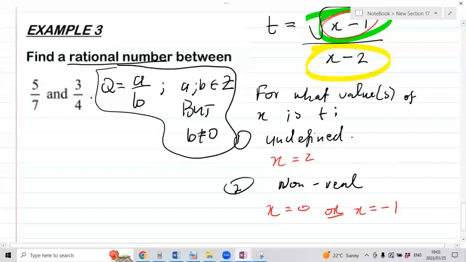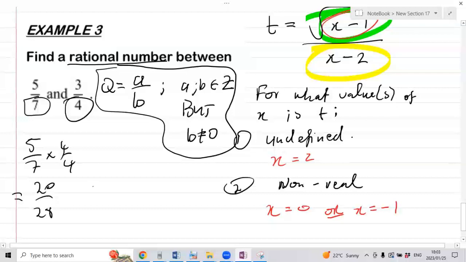So let's say we want to get a common denominator. We multiply 5 over 7 times 4 over 4, and that equals 5 times 4 is 20 over 28.